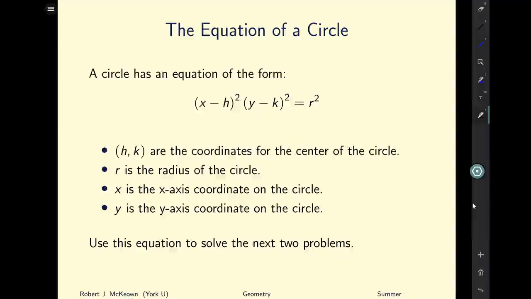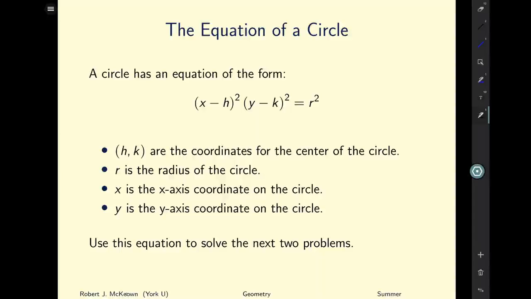Let's start off by talking about circles. Circles come up occasionally in economics, but this is particularly good practice for you because you're going to be given an equation and then you're asked to manipulate that equation. And that's something that economists do all the time, both in theory and when we're trying to make a statistical analysis.